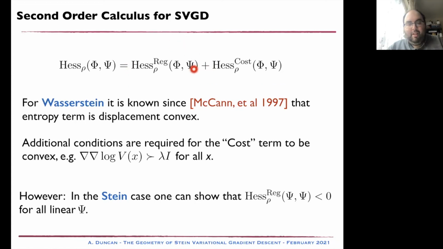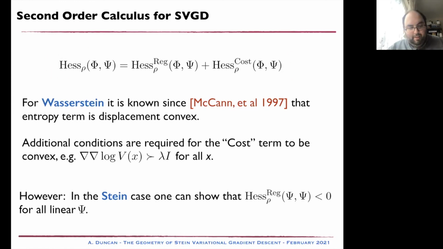It can never hamper convexity. And if you had some additional assumptions on the convexity, for example, that the Hessian of the log of the potential was strictly positive definite, then this would satisfy that property.